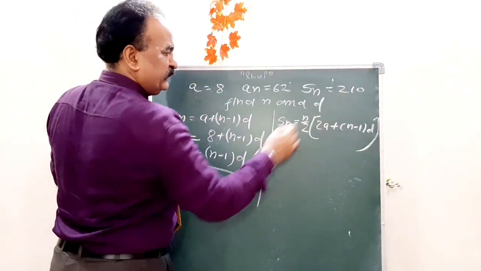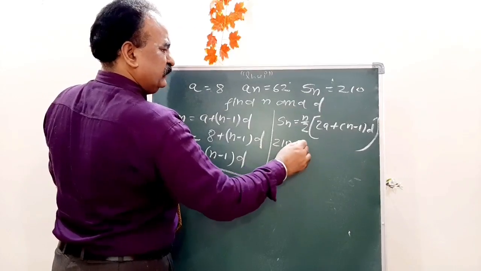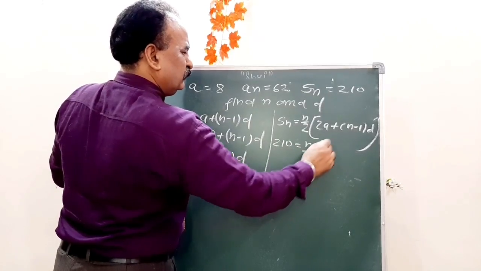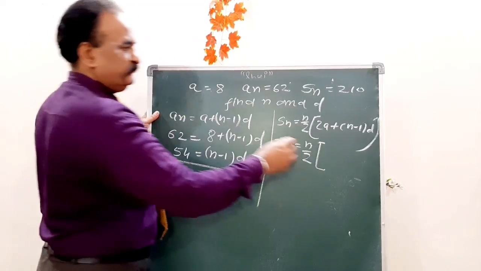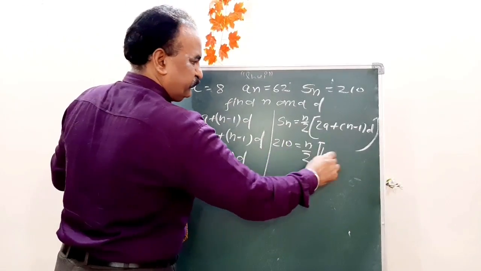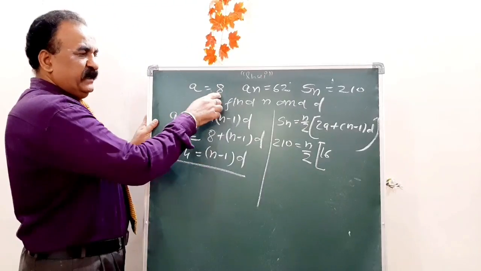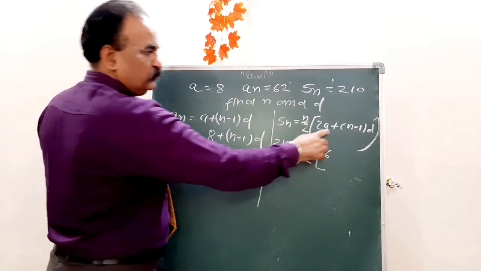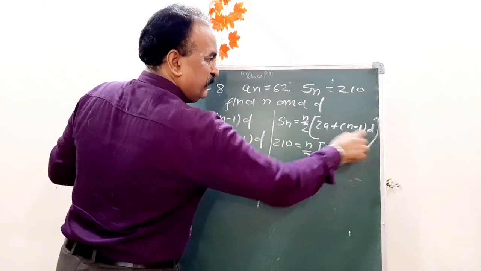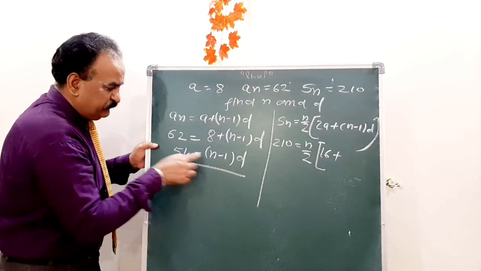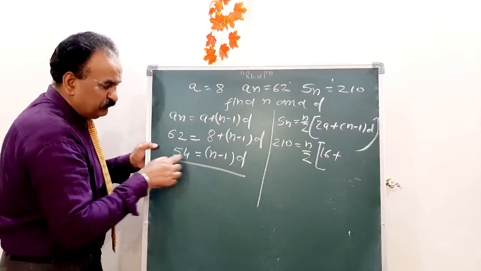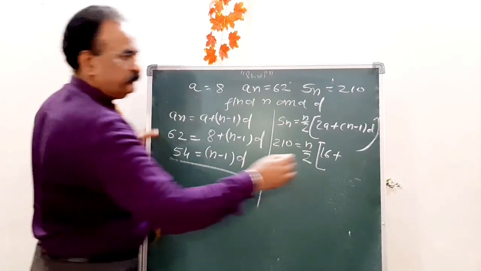Sn is 210, so 210 is equal to n by 2 into bracket 2a, a is 8, so 2 into 8 is 16, plus (n minus 1) into d. You have already got the value of (n minus 1) into d as 54, so in place of this you can put 54.